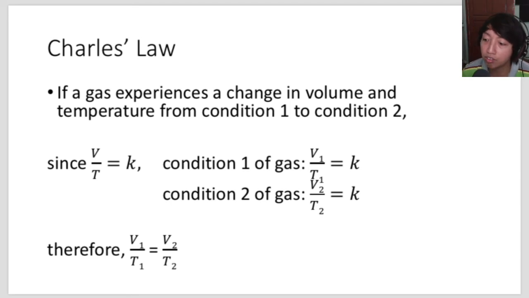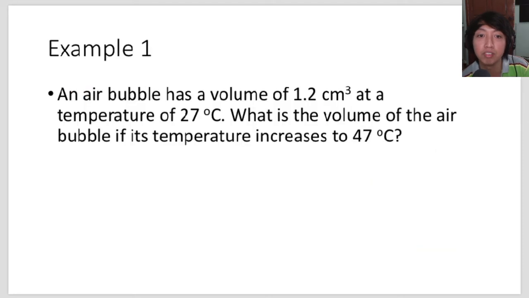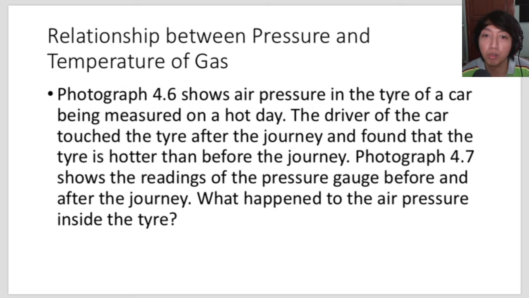Okay, one last relationship to take a look at, which is the relationship between pressure and temperature of gas. How does changing the temperature affect the overall pressure? So photograph 4.6 shows the air pressure in the tire of a car being measured on a hot day.